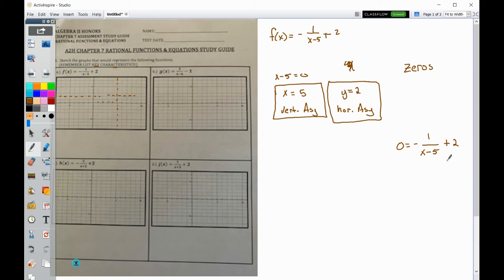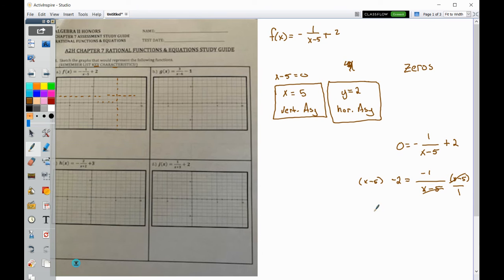So subtract 2 from both sides, and I get negative 2 equals, and this negative here I'm just going to put on the top with that 1, negative 1 over x minus 5. I would solve this by multiplying both sides by x minus 5. There are other ways to do that. Over here, these are going to cancel.